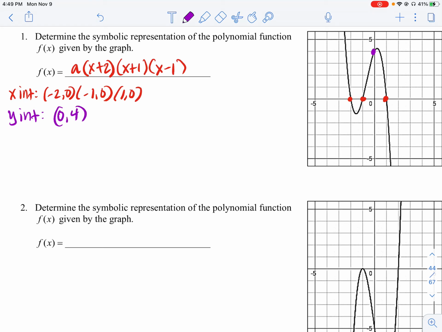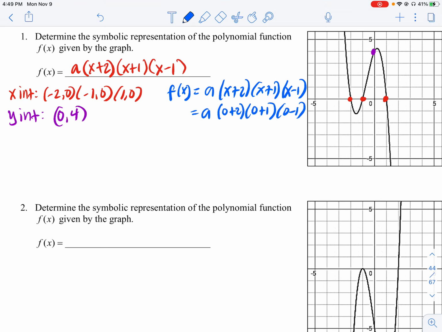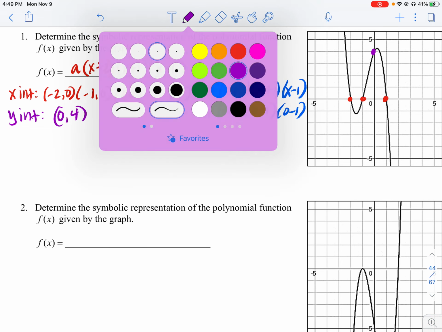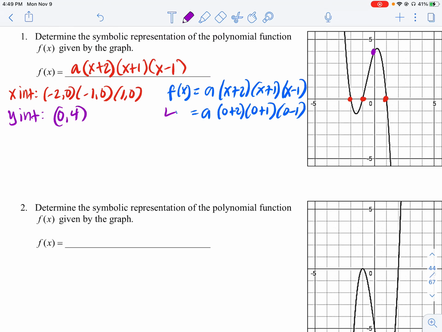So I'm going to be plugging 0 comma 4 into my partial solution. We have f of x equals a times x plus 2, x plus 1, and x minus 1. 0 will be plugged in as the value of x, and 4 will be plugged in as the replacement for f of x.